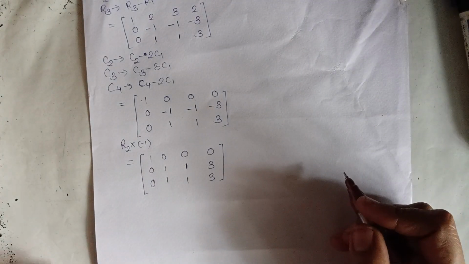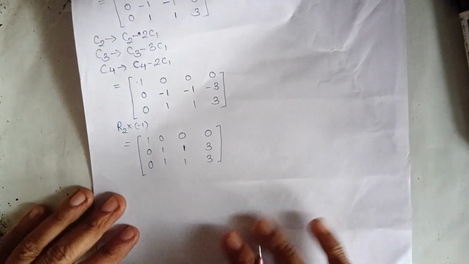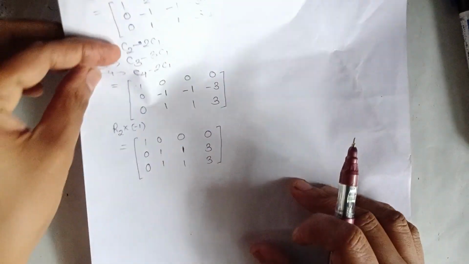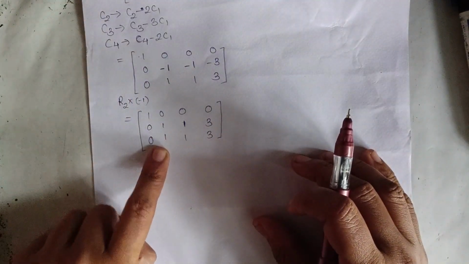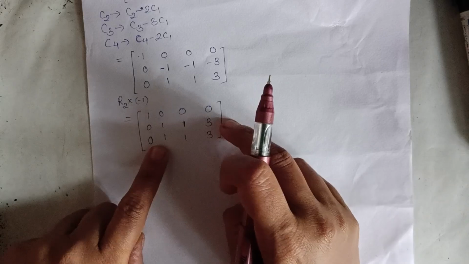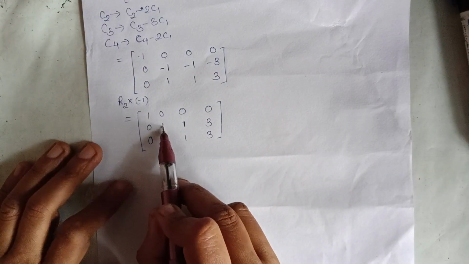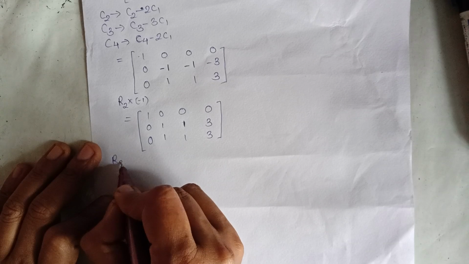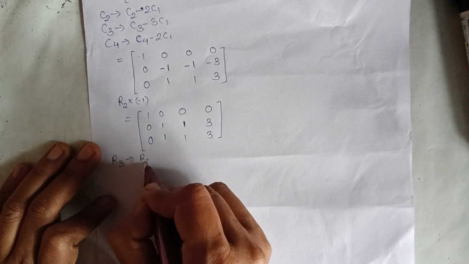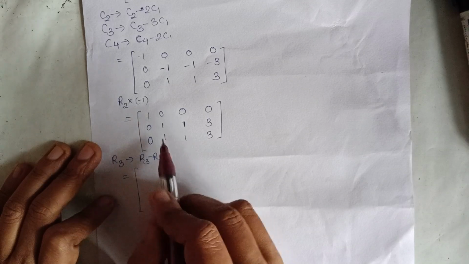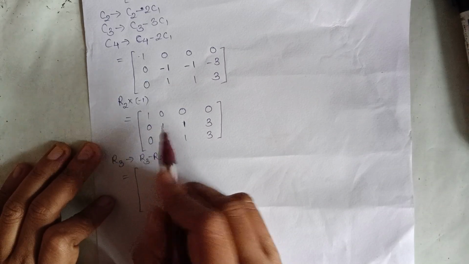Now you have to make this 0. So we are going in row now, then we have to go for column. To make this 0, you write R3 minus R2.